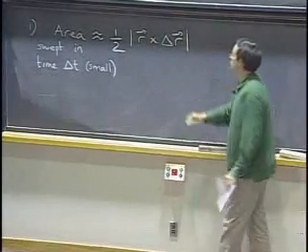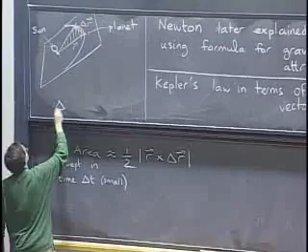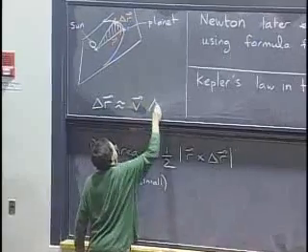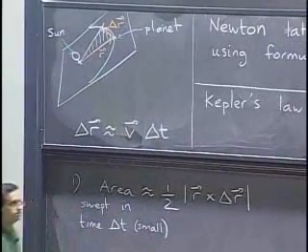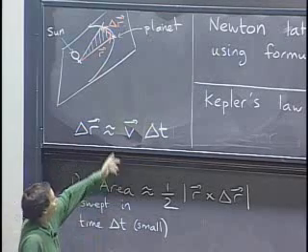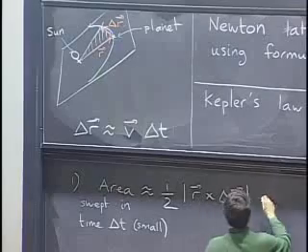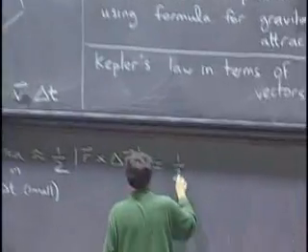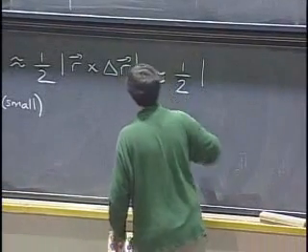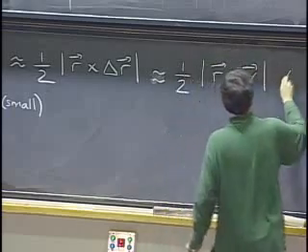So now let's remember that the amount by which we moved, delta r, is approximately equal to v times delta t. Okay? I'm just using the definition of a velocity vector. So let's use that. So it's again approximately equal to r cross v magnitude times delta t.